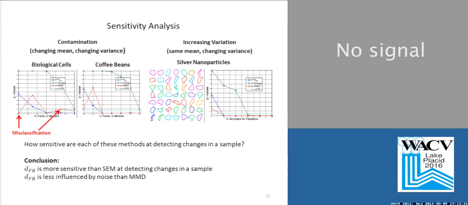In the next case, we take a sample and simulate from it with the same mean, but an increased variance. In conclusion, our Fisher-Rao distance is more sensitive than SEM at detecting changes in a sample, and it is less influenced by noise than the MMD.